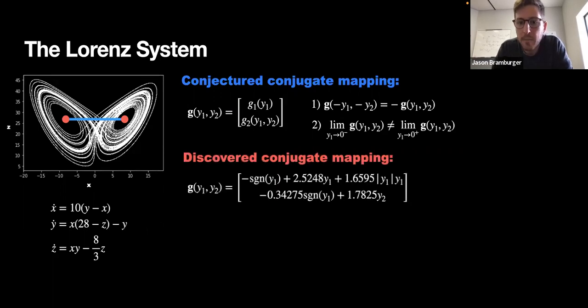And what I ended up coming up with is using the conjugacy system to discover this exact conjugate map that I have for you on the board. So you can see that it is a pretty strange looking mapping. All of those decimals that you are seeing, those are learned by the neural network during the training process. So 2.52, that just came from the neural network.